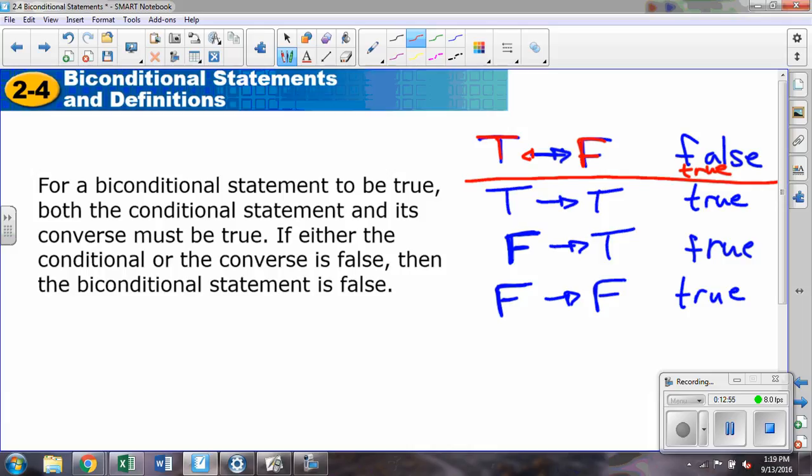For the biconditional itself, the whole thing to be true, both the conditional and the converse have to be true. In this instance, are they both true, forward and backward? No. So this is a situation that will be overall false with a biconditional.